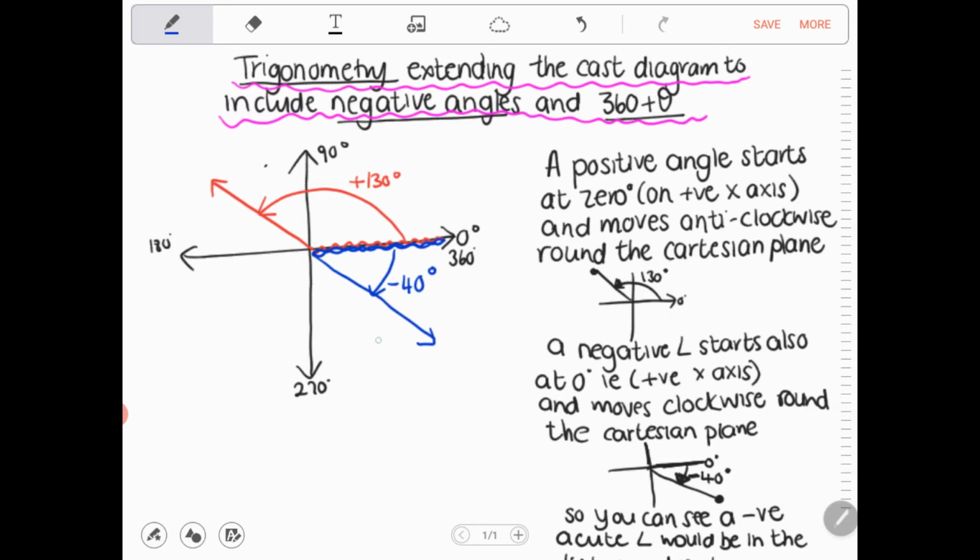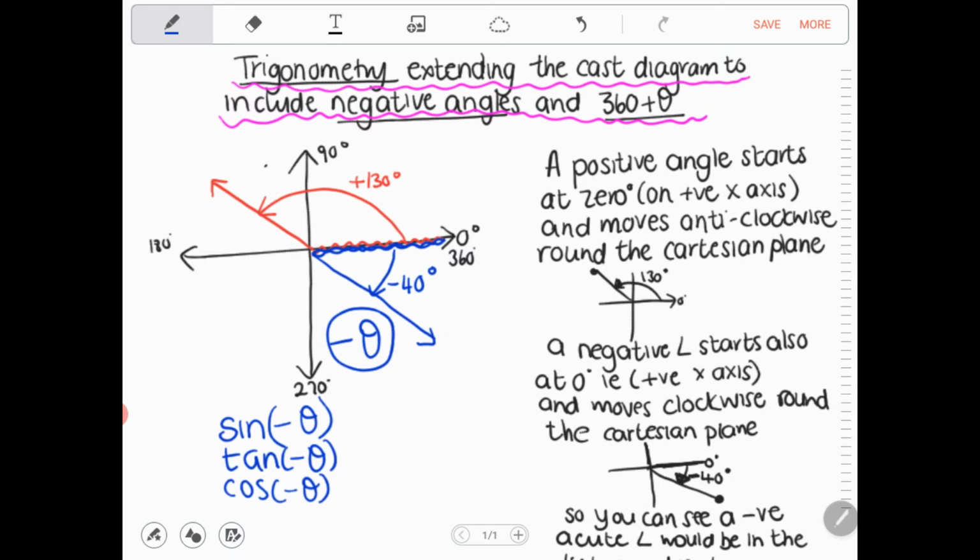See, this negative acute angle is in quadrant 4. So what we do is we include angles of negative theta into our CAST diagram. All right, so a negative theta is always in the fourth quadrant.